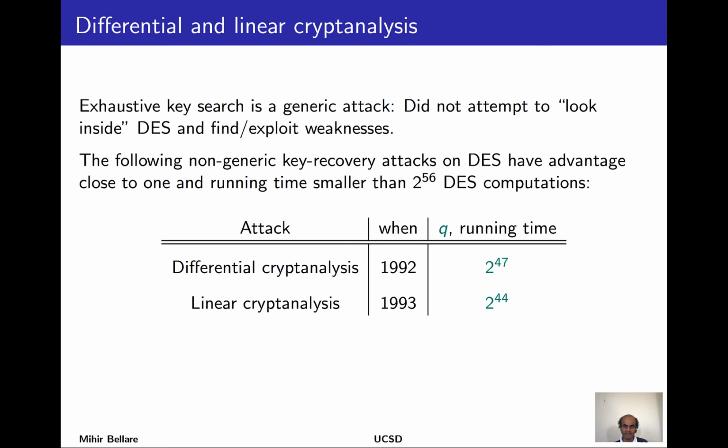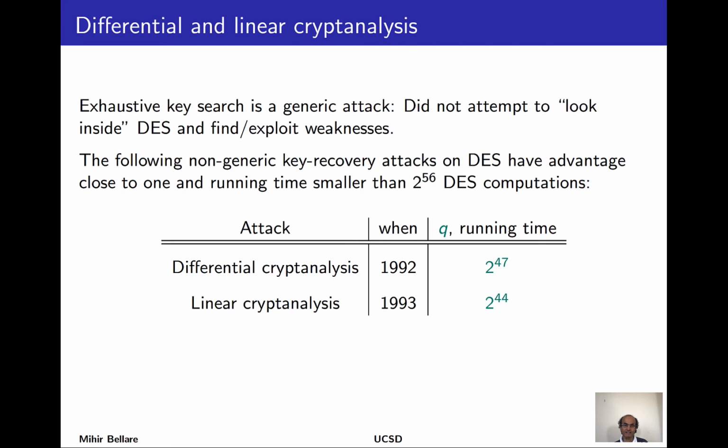It's interesting that they found them, but also that it was not easy: the discoveries in the early 90s were some 15 years after DES was standardized. So it took a while to find these weaknesses. The first method was called differential cryptanalysis, and the next one linear cryptanalysis.